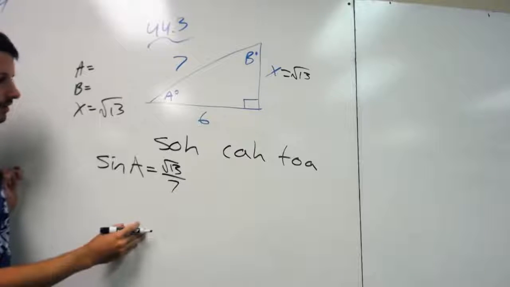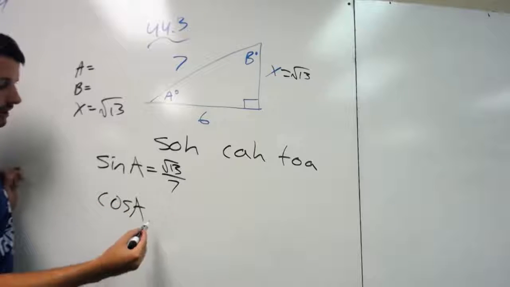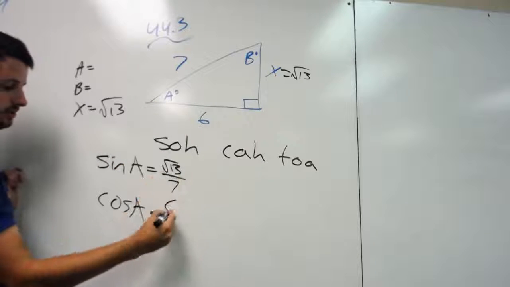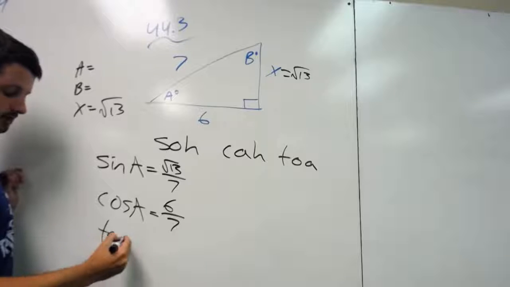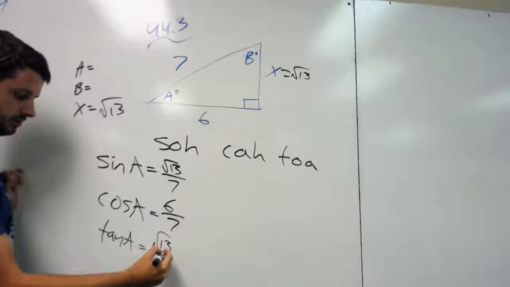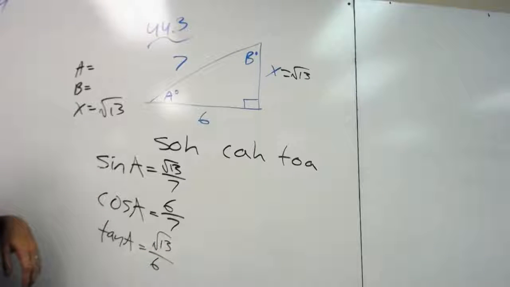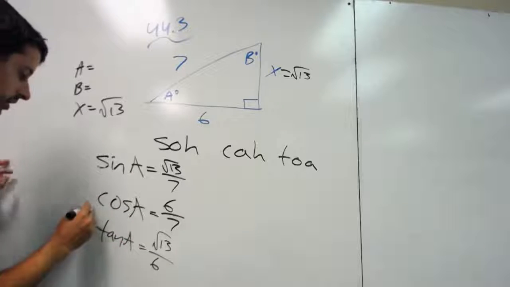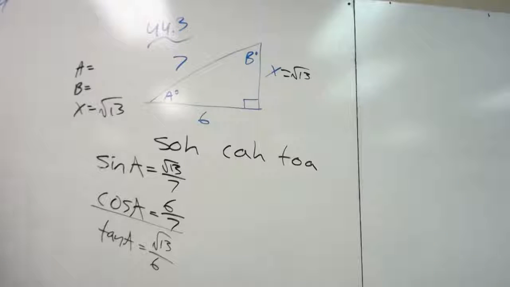Okay, let's look at the cosine of A. Cosine of A would be adjacent 6 over hypotenuse 7. Tangent of A would be opposite radical 13 over adjacent 6. Any of these you could use because there's only one variable. The only variable is A. I'm going to go ahead and use this one though because 6 over 7 is better than using radical 13s in my mind.